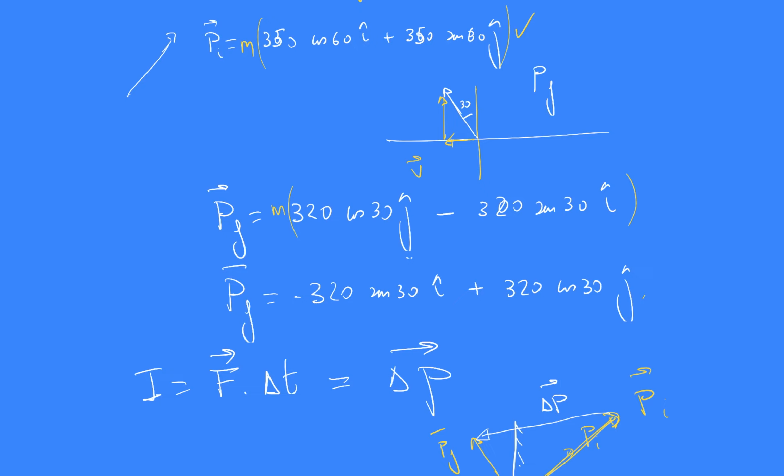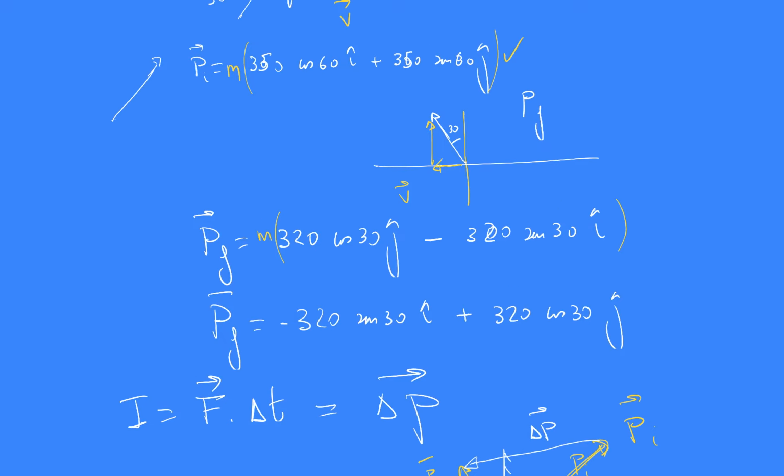So P final is this vector. You know, because you have done vectors before, that if you analyze this construction, this vector PF, this is 30 degrees, this is 60 degrees if you want. So the vector PF is mass times vector velocity. The mass is, I don't remember how many grams, the grams that it says.